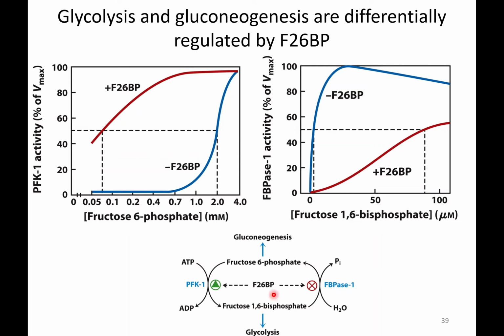So F26BP turns on PFK1 and turns off FBPase1. This is probably one of the most important regulatory molecules, because, as you can see in this figure, it makes a huge difference on the rate of a reaction.